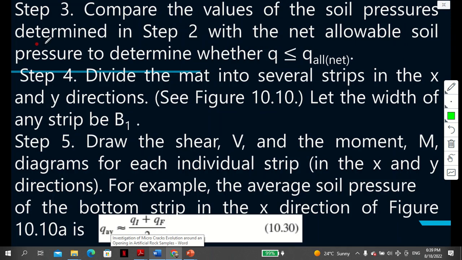So step 3: compare the values of the soil pressures determined in step 2 with the allowable net pressure, to determine whether Q allowable or Q net.